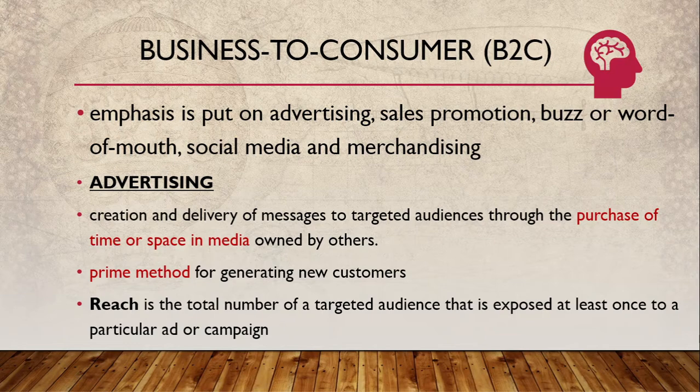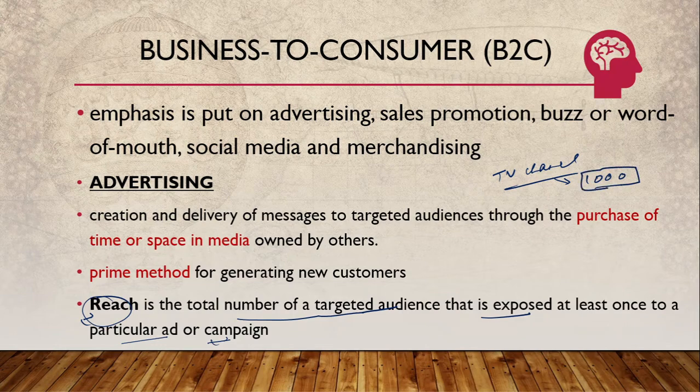Next is the reach. Reach is basically the total number of targeted audience that is expected to be exposed at least once to a particular ad or a campaign. Let's say you have given an advertisement on a TV channel, and 1000 people are actually watching the channel, but the moment your ad comes, all these 1000 people might not be watching. They might have switched to another TV channel temporarily. In that case, the actually exposed customers might be less than 1000.